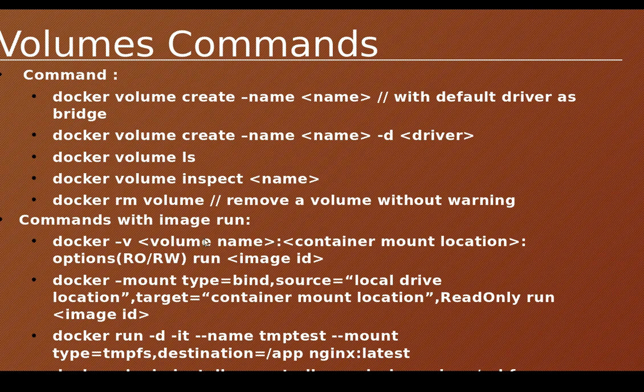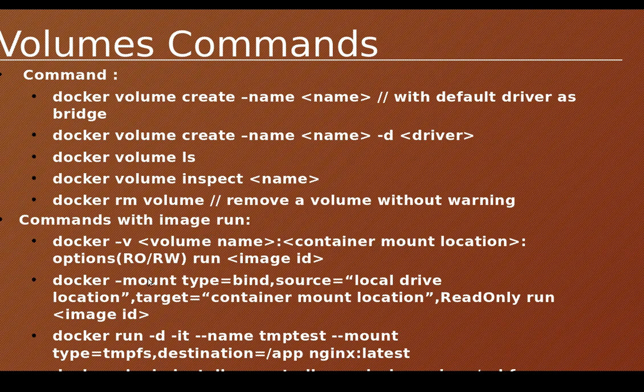So whatever this volume folder is, it will be directly mapped with this location. You also have an option of giving read-only or read-write access by using ro or rw, and then the image ID. You can use this command for running a container with a volume mounted to this particular location.